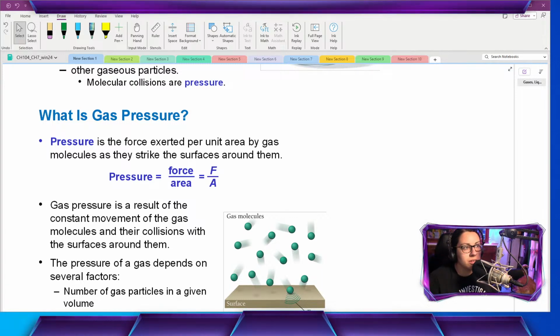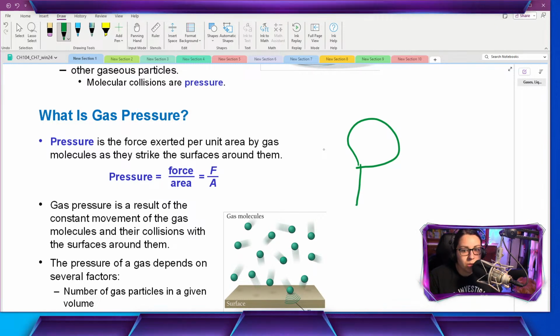All right. So back to gas pressure. So what is gas pressure? Pressure is just defined as the force exerted per unit area by gas molecules as they strike the surfaces around them. And so let's think about a balloon. How does a balloon stay inflated?